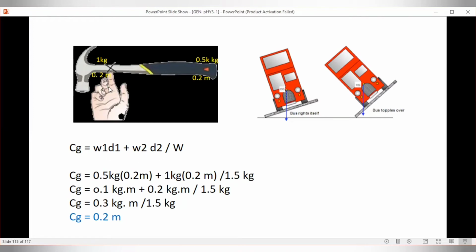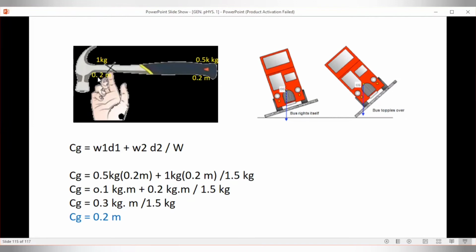Okay? Let us assume that this hammer's head is 1 kilogram, however, the handle is 0.5 kilograms. The head, the metal part, is usually made from metal, and the handle is made from wood.